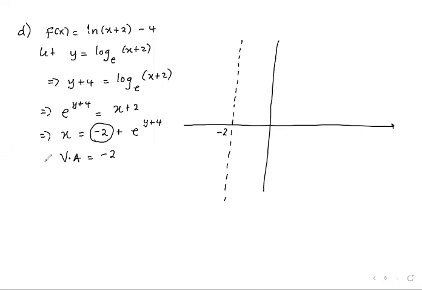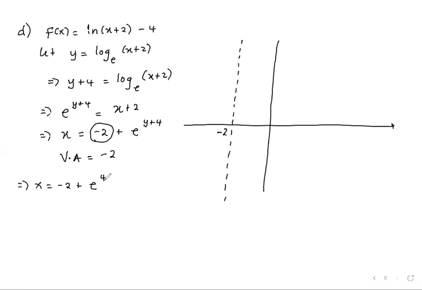When y is 0, what do we get? We get x is equal to negative 2 plus e to the power 4. Remember, e is a positive number, 2 point something, so 2.7 at minimum, to the power 4 becomes 53 something. So minus 2 is a positive number.